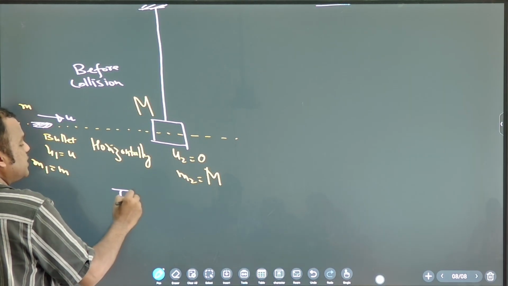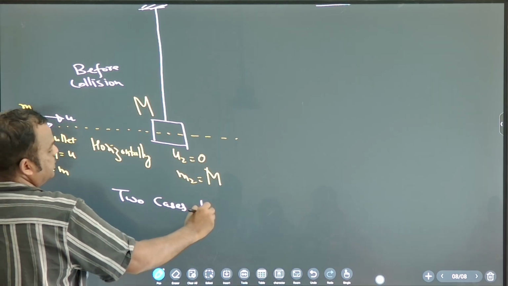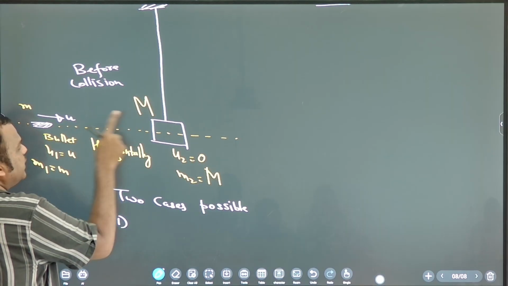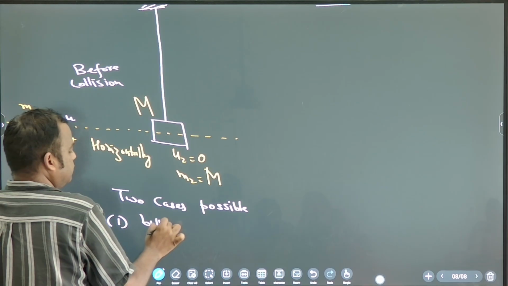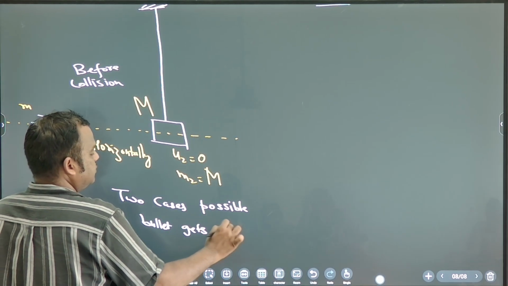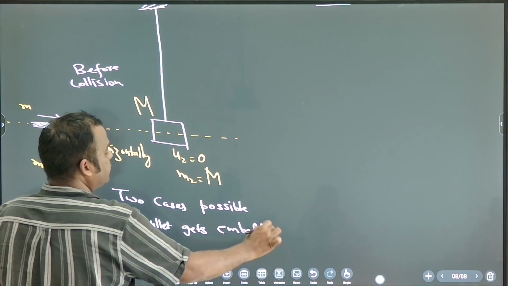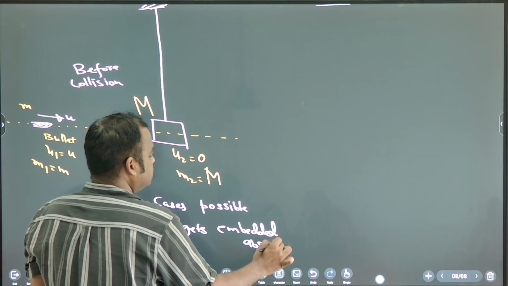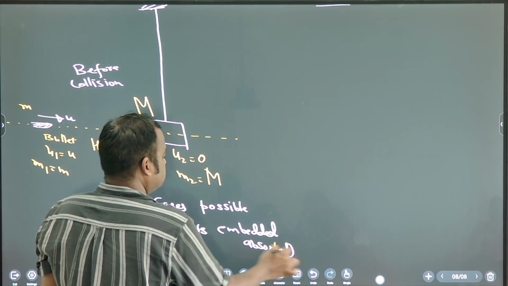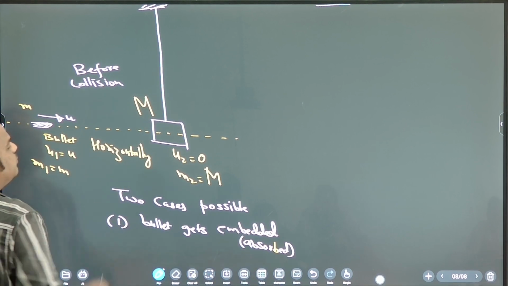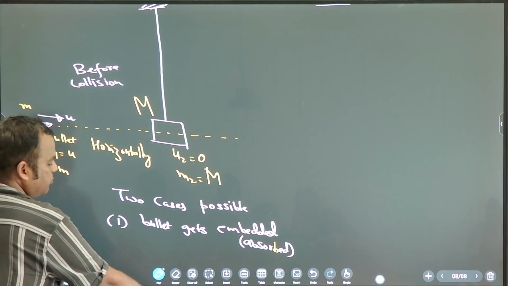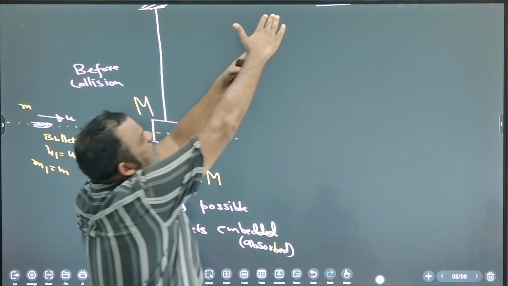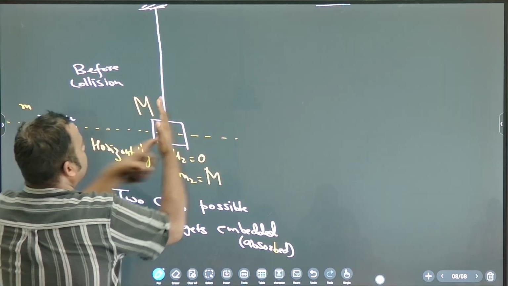Now two cases possible. Note down, 2 cases possible. First case, bullet gets embedded. What do you mean by embedded? Absorbed. Embedded means absorbed. So it will be like this. If bullet is absorbed, then block and bullet will go together, correct?